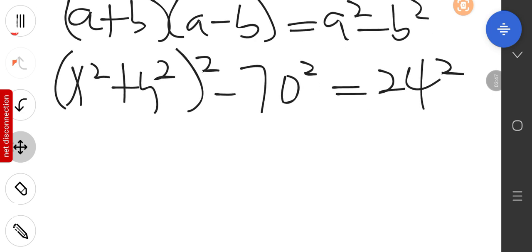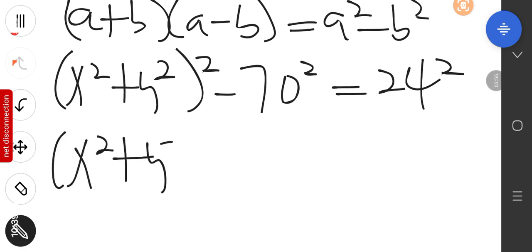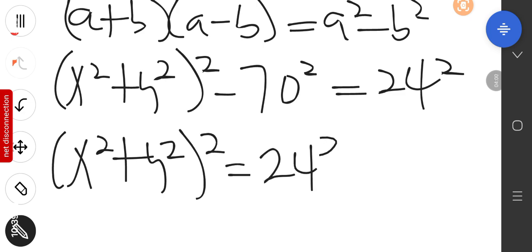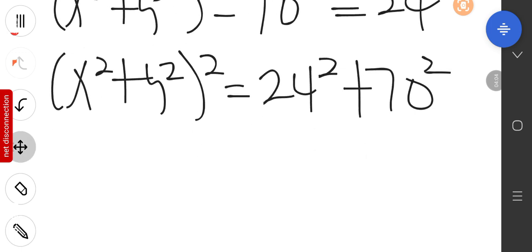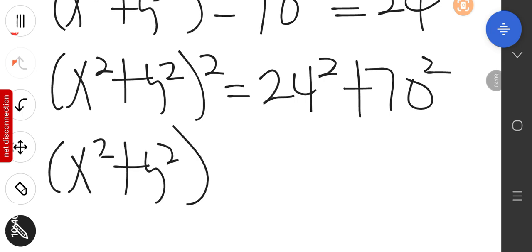So we have derived this from our equation using difference of two squares. So you're going to have x squared plus y squared all squared equals 24 squared plus 70 squared.